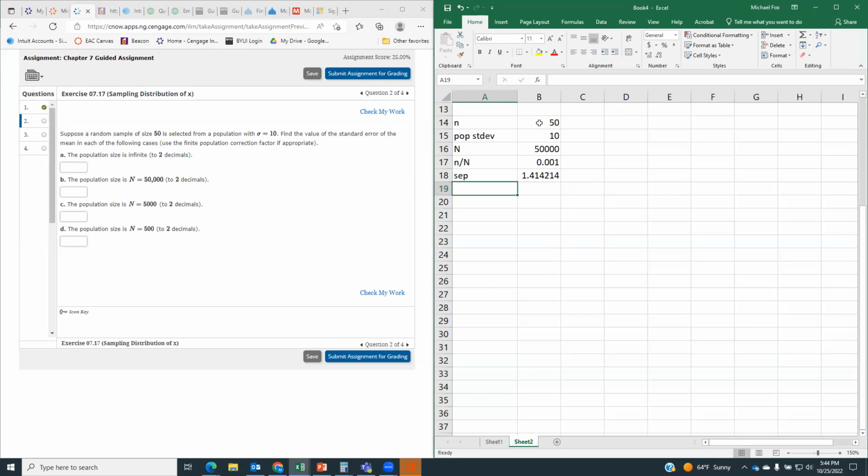So this first one says when the population size is infinite. If the population size is infinite, then definitely little n divided by big N is not greater than 0.05. So our standard error, what does it want? 2 decimals is going to be 1.41.